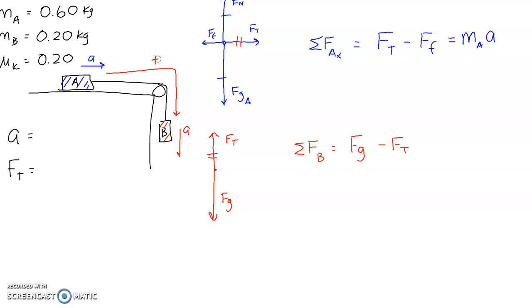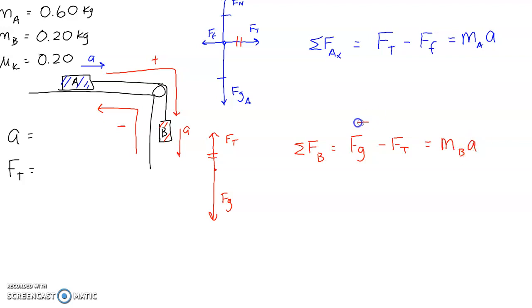When it moves to the right and down, we call that positive. When it moves up and left, it's negative. So if this modified Atwood's machine happened to be accelerating up and to the left, we would call that negative, and right and down is positive. That's why FG is positive over here, and that's why FT is negative in this case. And this will also equal the mass of the B block times A.